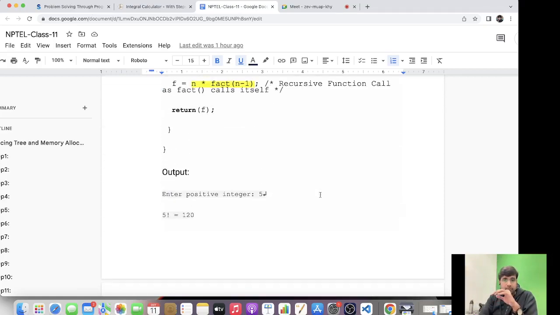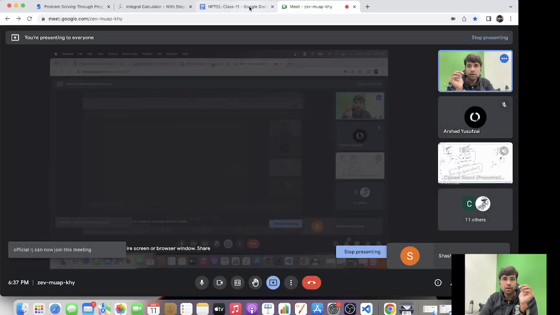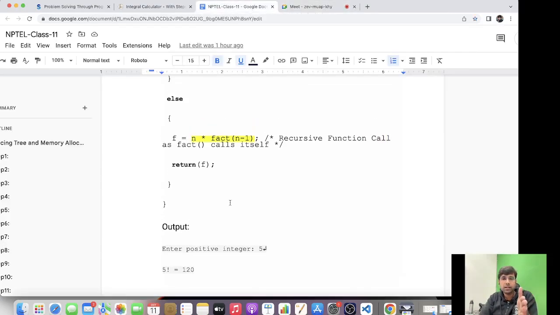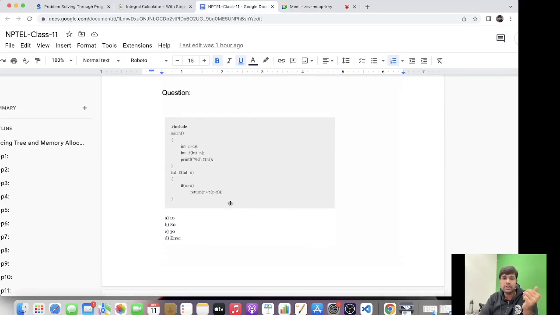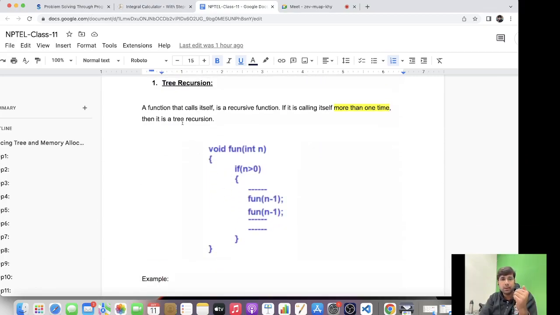So the idea of linear recursion is that we execute this particular call one time in the program. There is another kind of recursion called tree recursion. The fundamental idea here is that a function that calls itself is a recursive function.